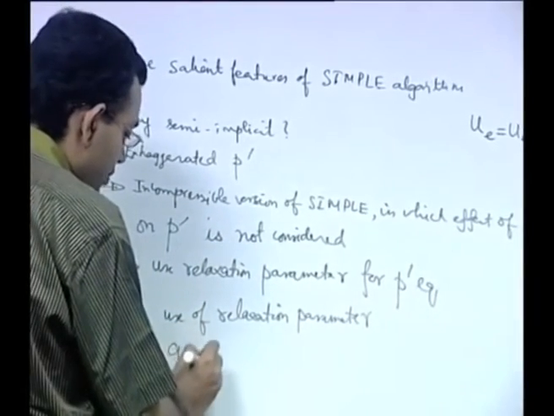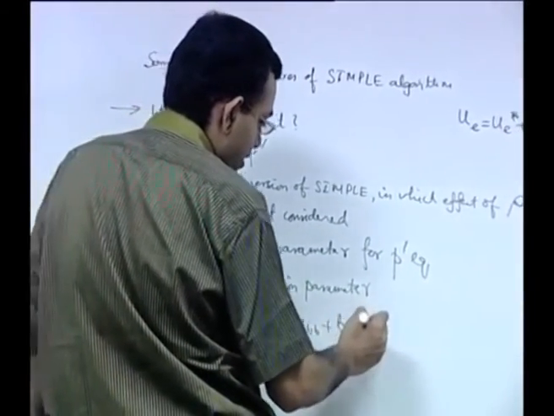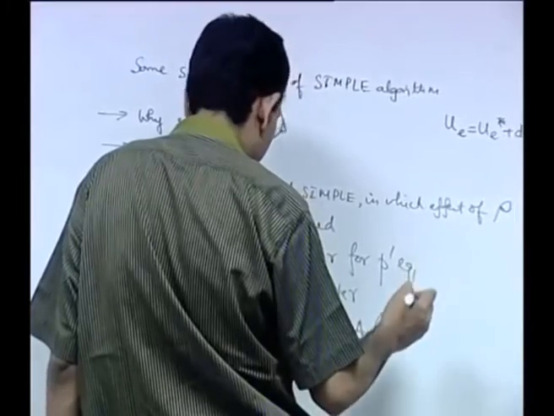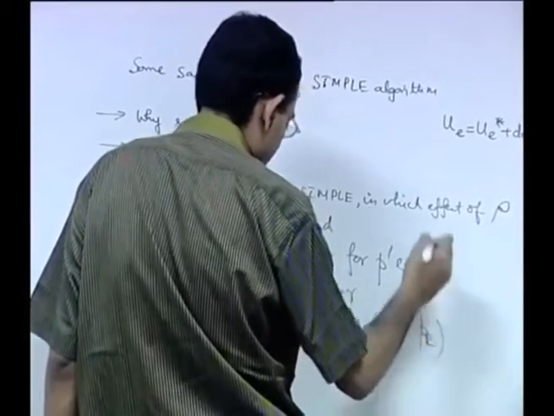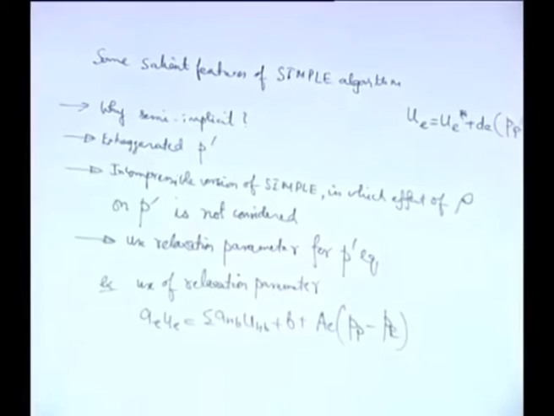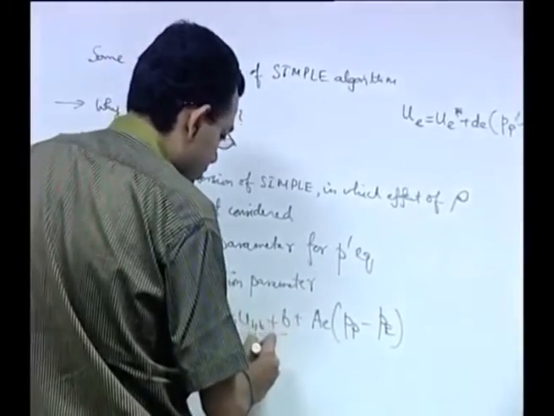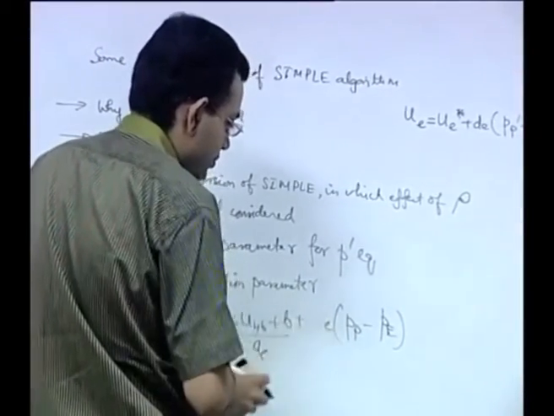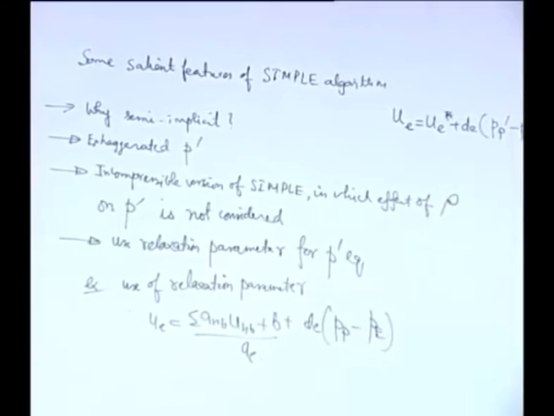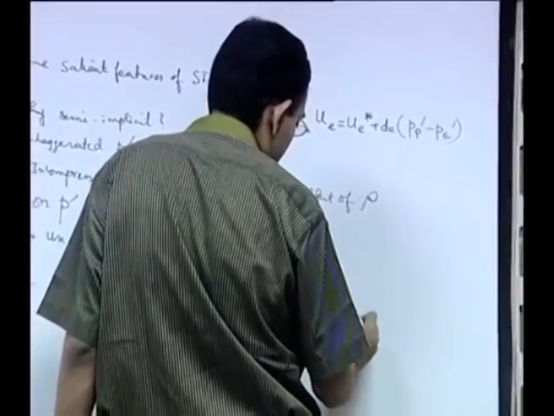So, a_e u_e is equal to sigma a_nb u_nb plus b plus a_e into (p_P minus p_E). So, u_e is equal to (sigma a_nb u_nb plus b) by a_e, plus this into d_e. Let us call this u_e bar.